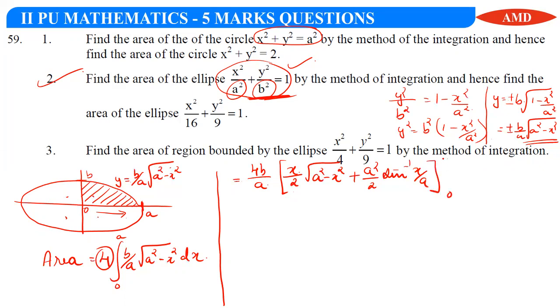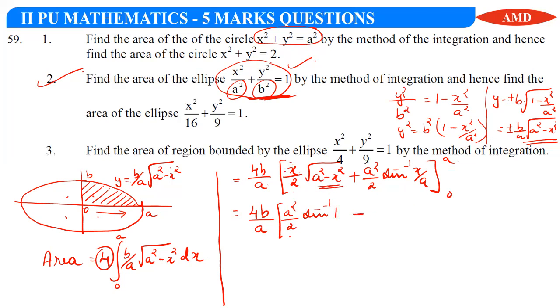from 0 to a. This is equal to 4b by a into, I'm going to substitute the upper limit. If I substitute the upper limit here, a square minus a square, the whole thing becomes 0. Next, we have a square by 2 sine inverse of, if I substitute a in the place of x, I get 1 there, minus, substitute the lower limit.